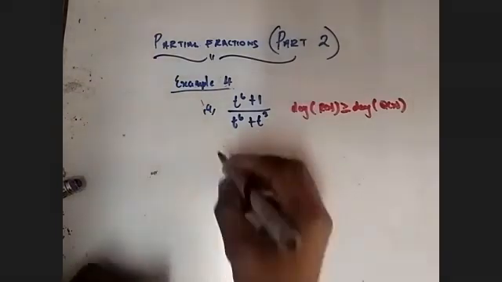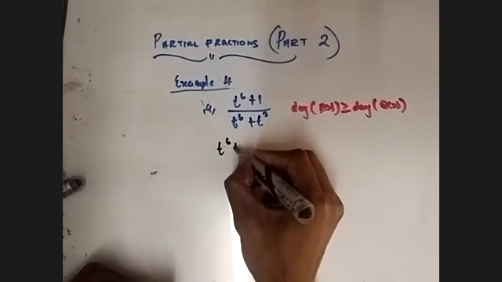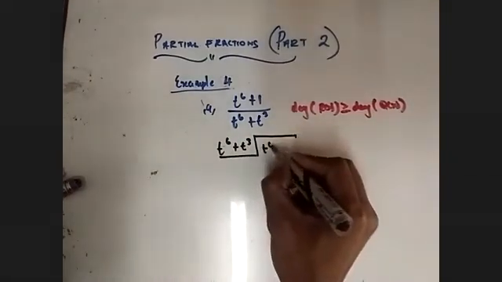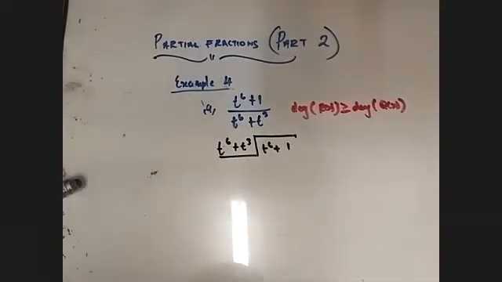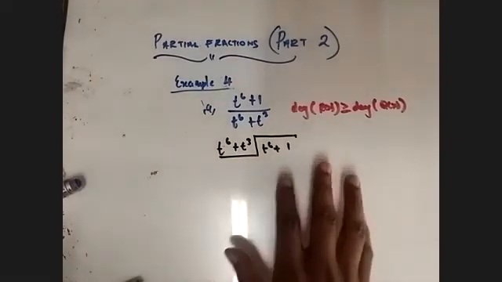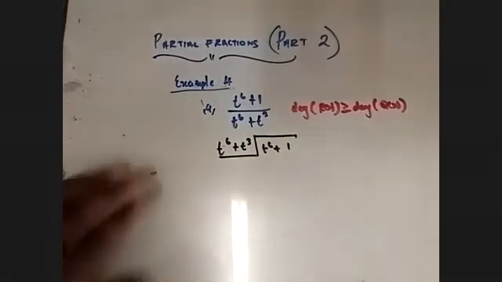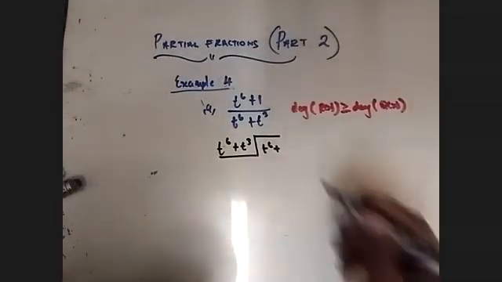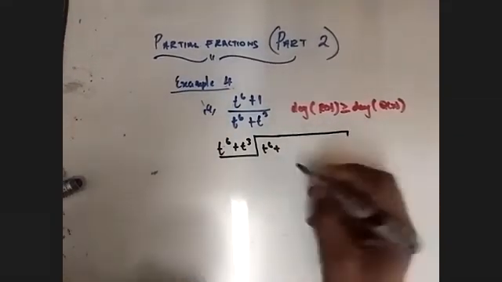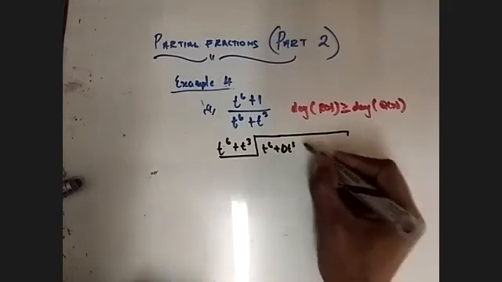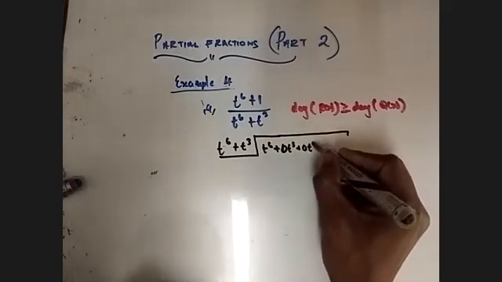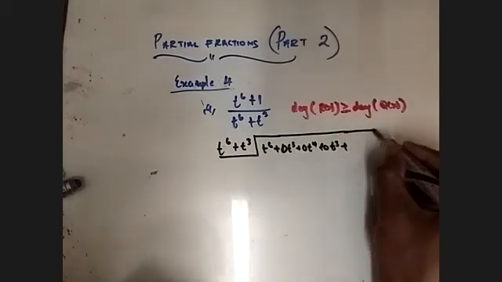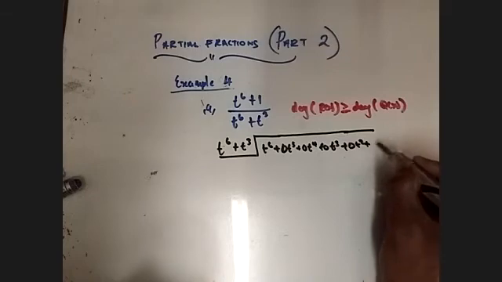So according to the long division method, we're going to have t to the 6 plus t cubed, and then this t to the 6 plus 1. If we do not have any other terms, we have to write it as 0t to the 5 plus 0t to the 4th plus 0t to the 3rd plus 0t squared plus 1.